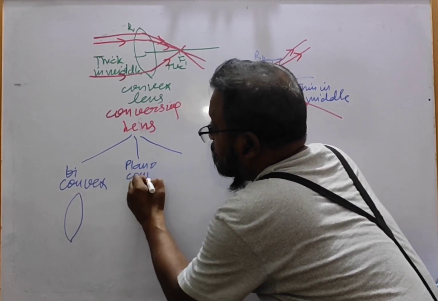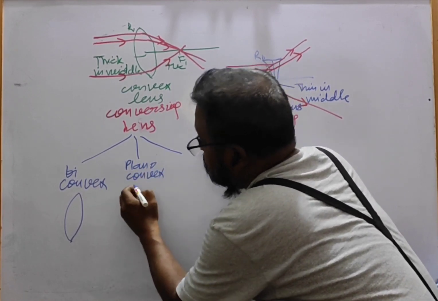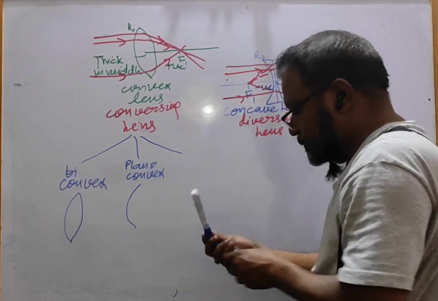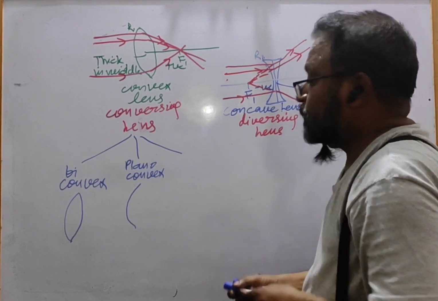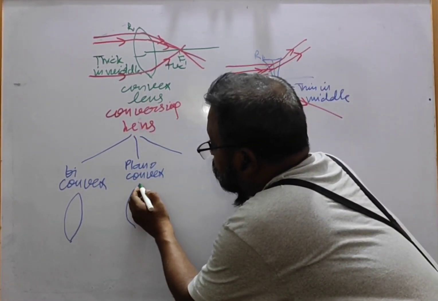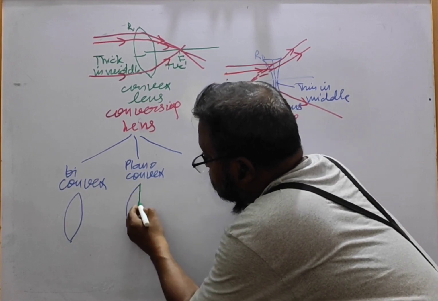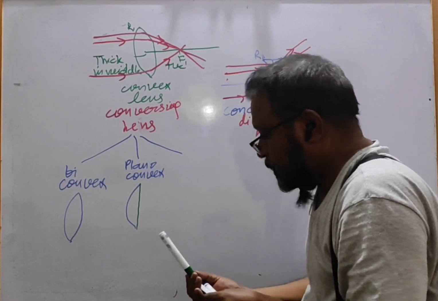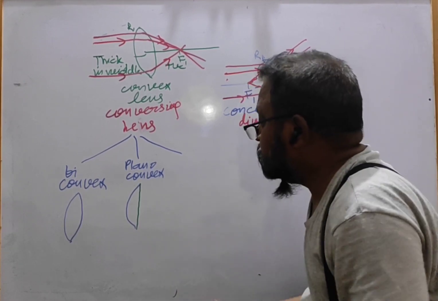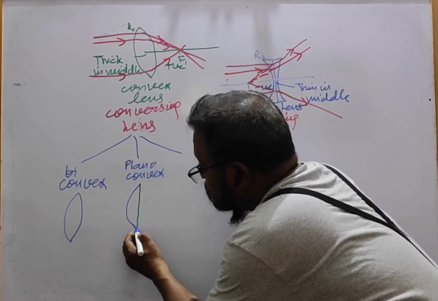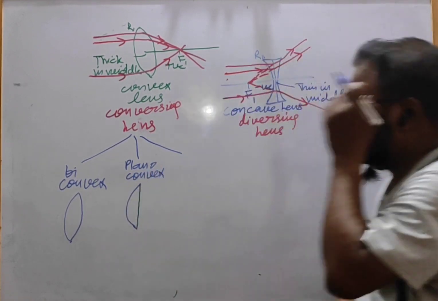In plano-convex, one surface is like a plane, right? Like a plane, and another is curved. This is called plano-convex.